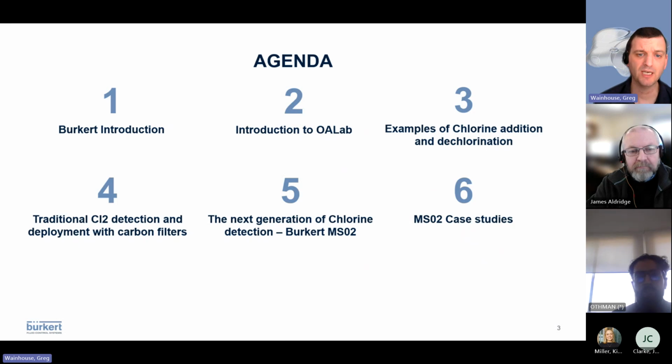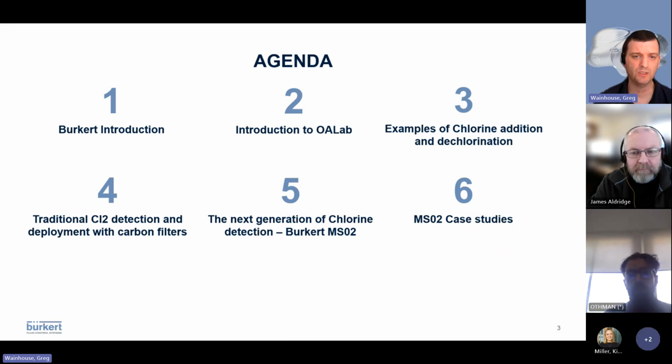We'll then go on to look at the MSO2, which we see as the next generation of chlorine measurement and detection. And then we'll look at where the MSO2 is being used at the moment. There are some ongoing applications where we're looking at data, so we'll have a closer look there as well.